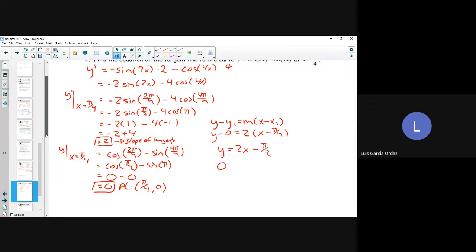So I said 0 is equal to 2x minus y minus pi over 2. If I want to get rid of that fraction, I can just multiply both sides by 2. So I get 0 is 4x minus 2y minus pi as my equation in standard form of the tangent.